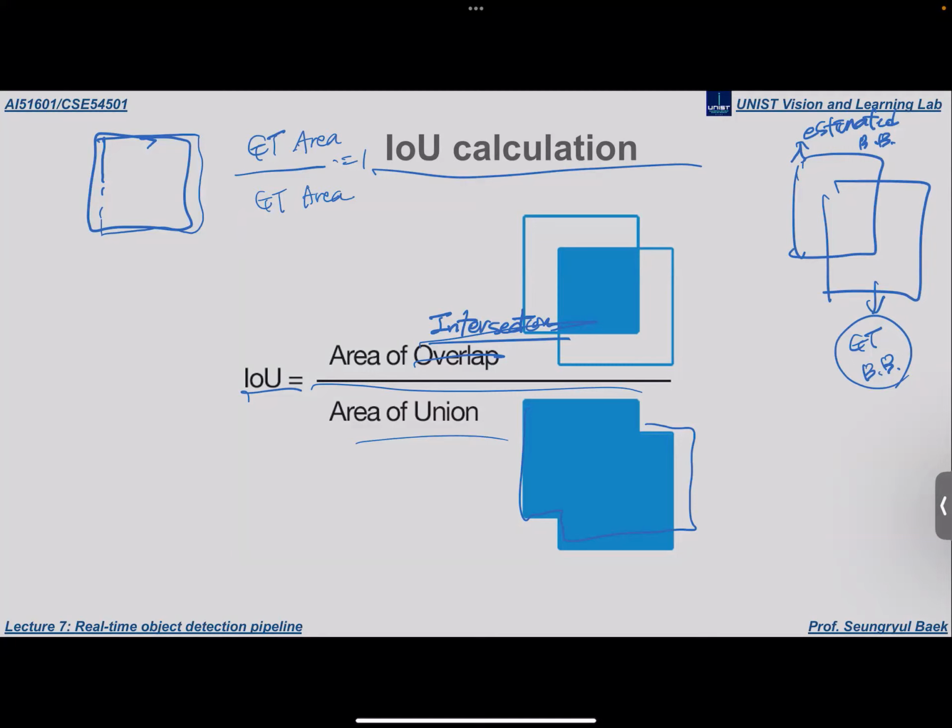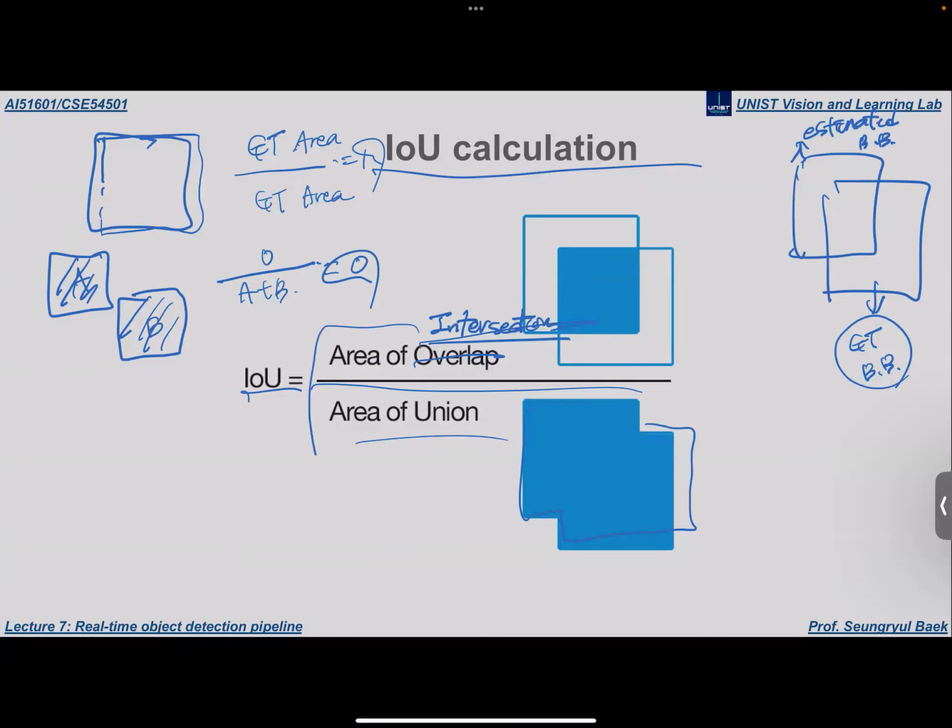And if they don't meet, let's say this area is A and B, their intersection becomes 0, so their IOU becomes 0. So this IOU is measuring how two bounding boxes are intersected. If they are exactly the same, the value becomes 1. If they don't meet, it becomes 0.